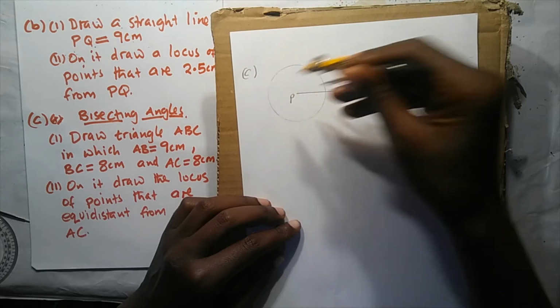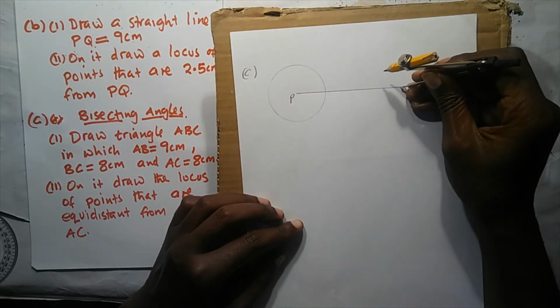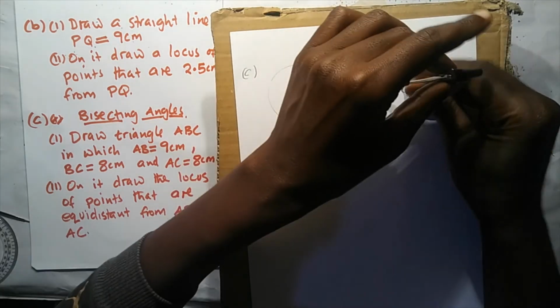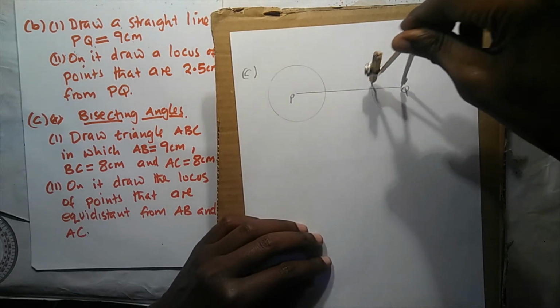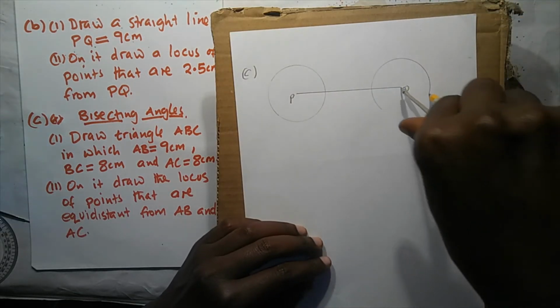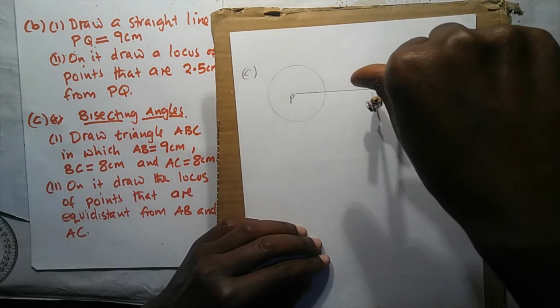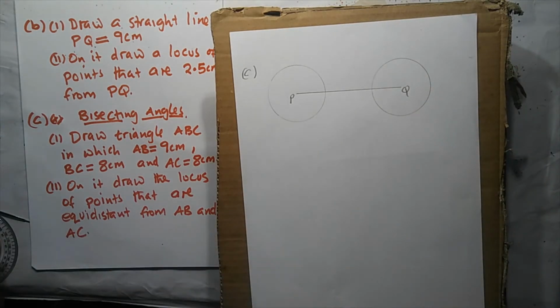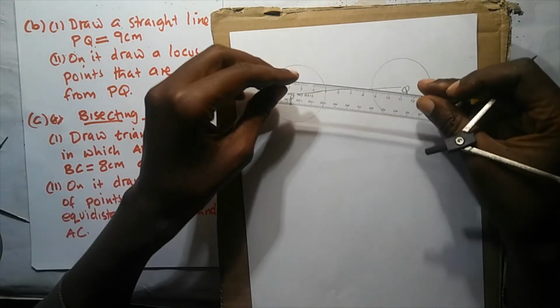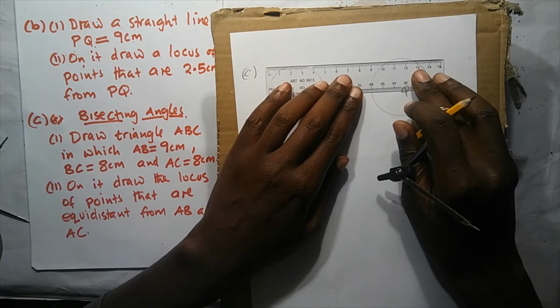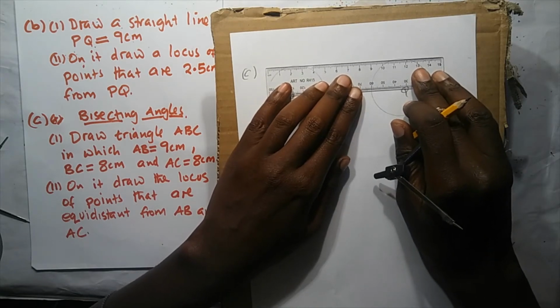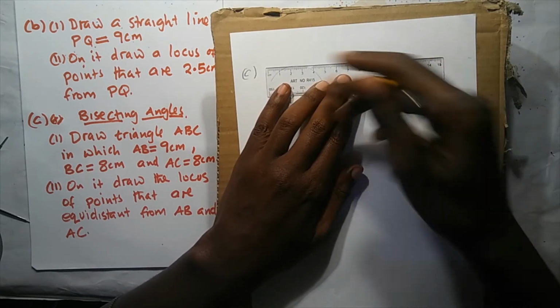Then you go to Q also, and you draw a circle at Q. After that you get your ruler and you draw straight lines on top here, lines that are tangents to these two circles.